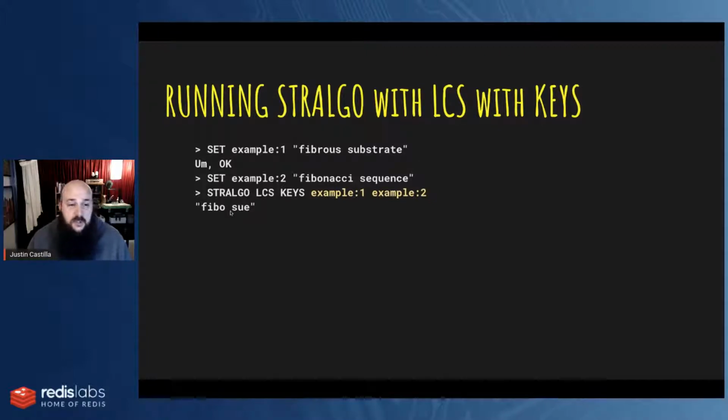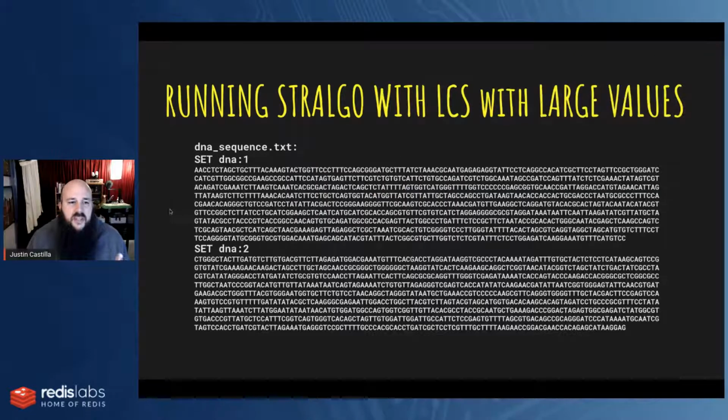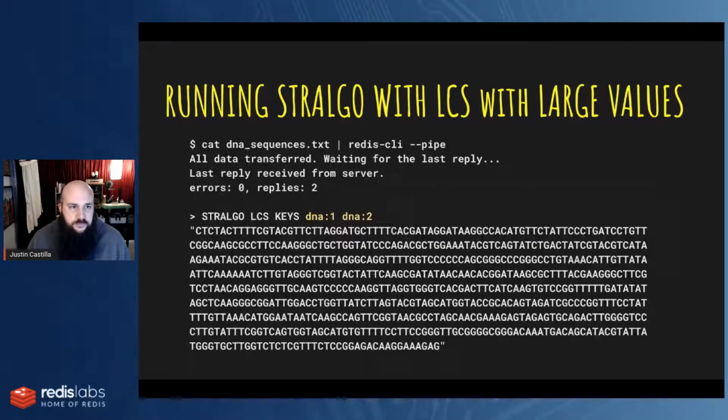So something to remember. Let's get a little bit bigger, though. If you squint really hard, you might see that these are actually DNA sequence snippets. These are each 1,000 characters long, consisting of A's and C's and T's and G's. This is just a little text file example. I created a text file containing instructions to create 2 strings, DNA:1 and DNA:2.